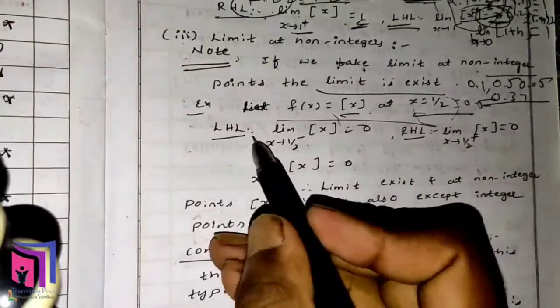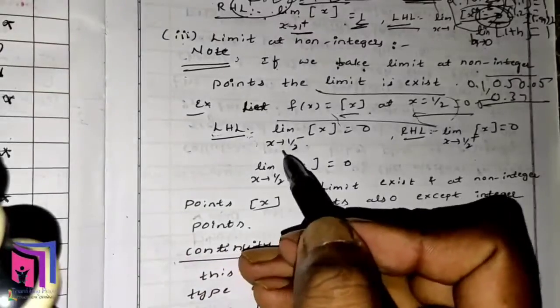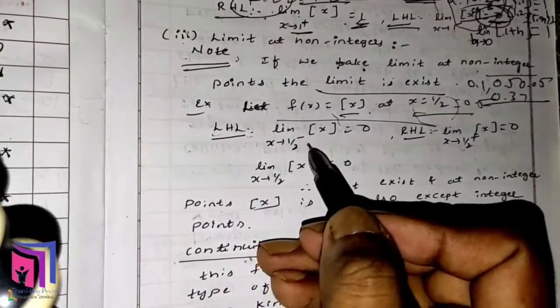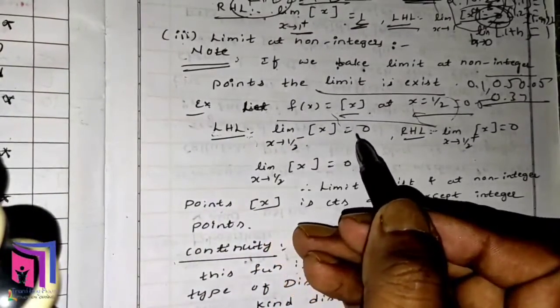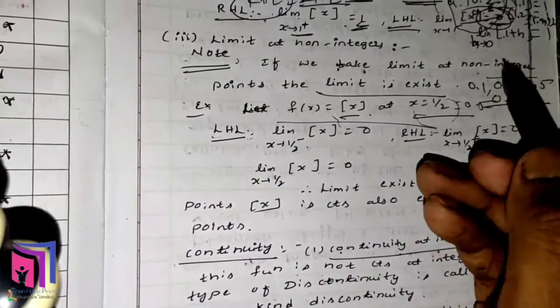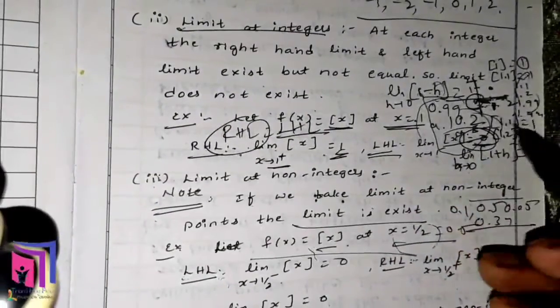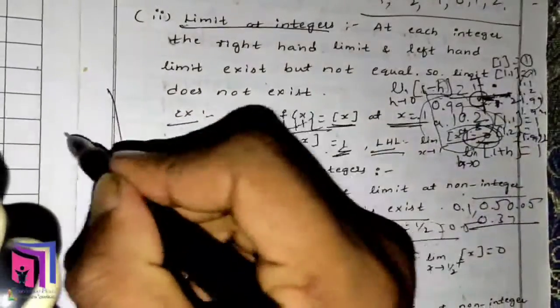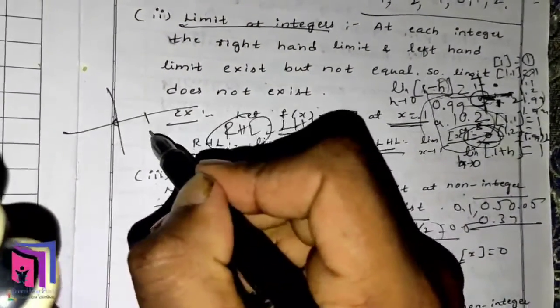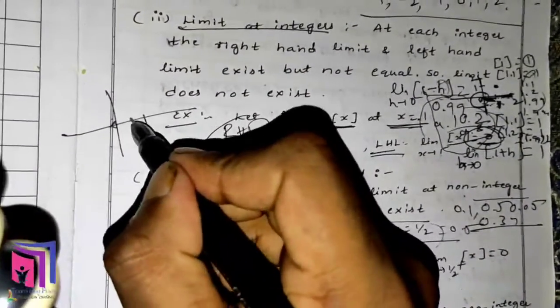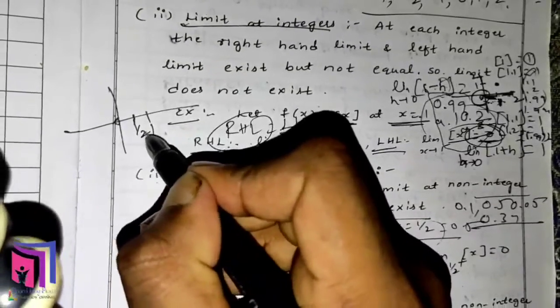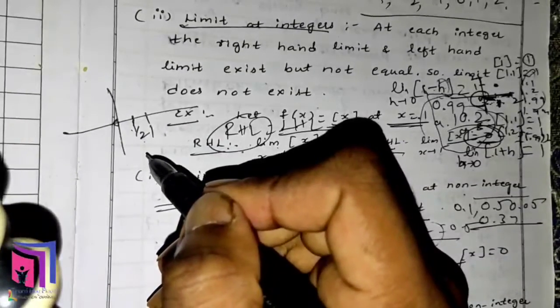Okay, we take the left hand limit, x tends to 1 by 2 minus, of the greatest integer function. What do we get? 0. Suppose we see at the graph which we have taken here. This is 0 and this is 1. In between 0 and 1, 0.5 comes here, 1 by 2.